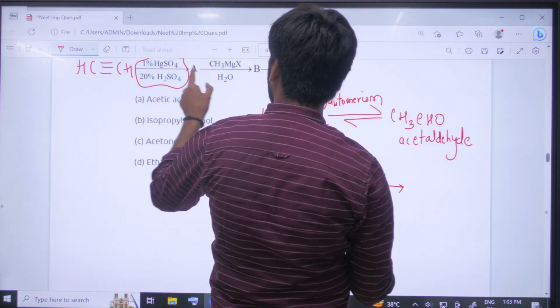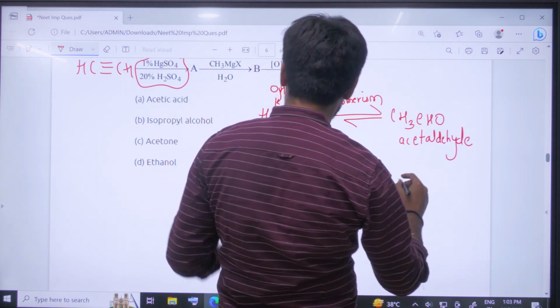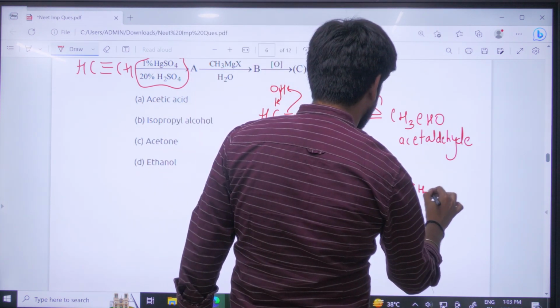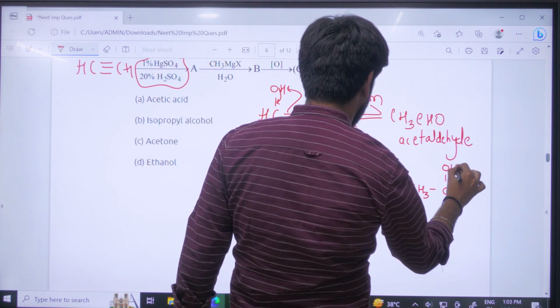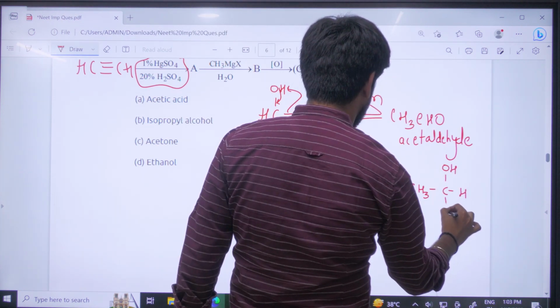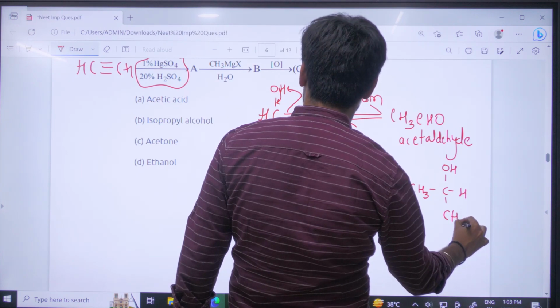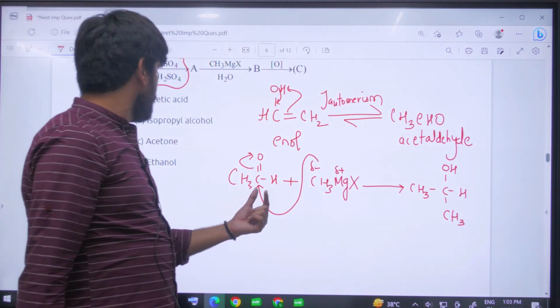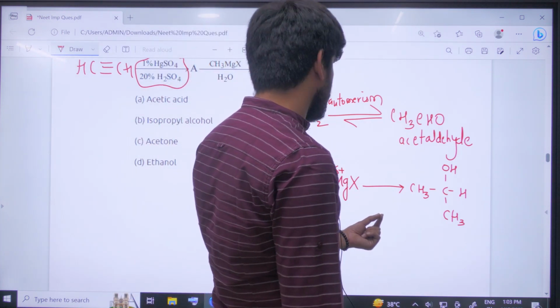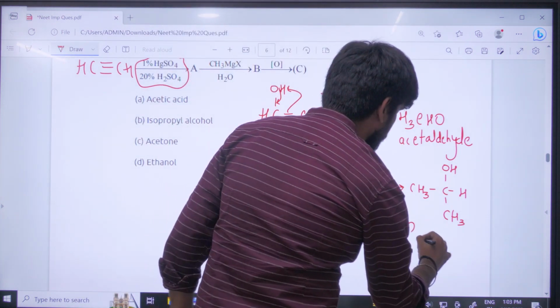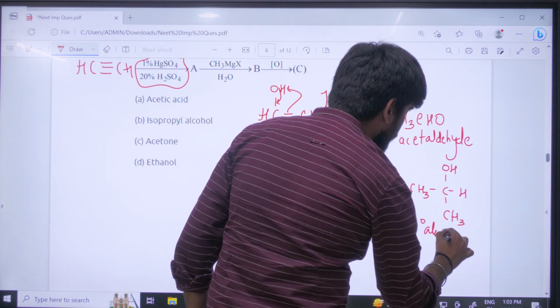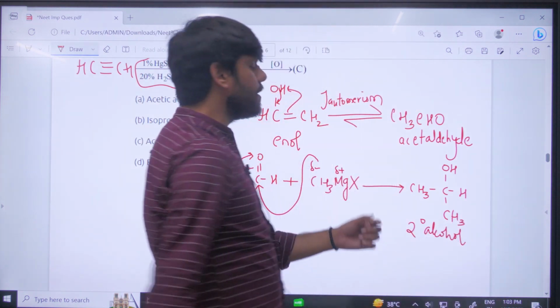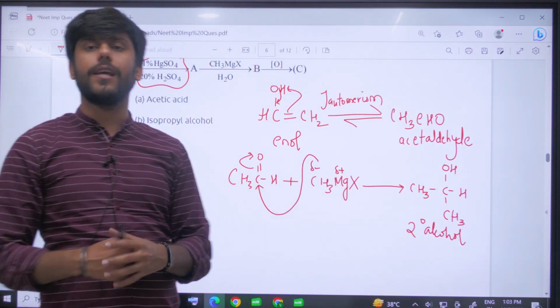And this is followed by hydrolysis. So after hydrolysis, I will get this as the product. This is basically your 2 degree alcohol. And you know that acetaldehyde on treatment with Grignard reagent gives you a 2 degree alcohol.